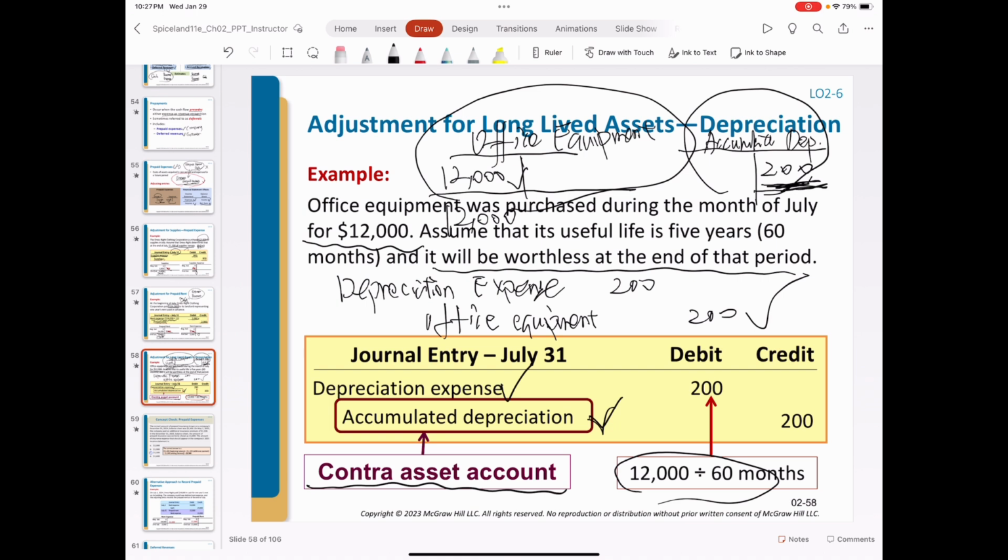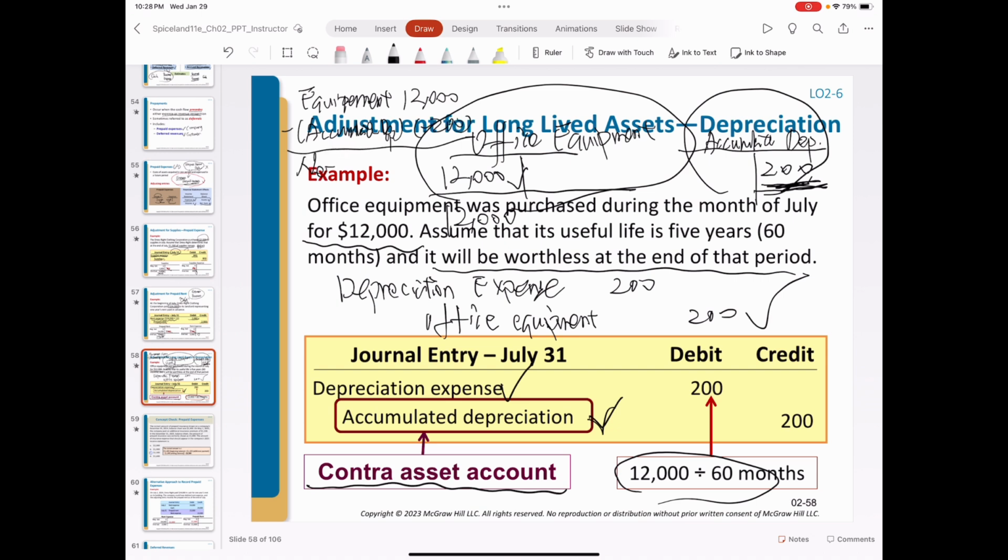That's the purpose. When we report the book value of these assets on the balance sheet, we will see three items. One is equipment, $12,000, and minus accumulated depreciation, which by the end of July will be negative $200.